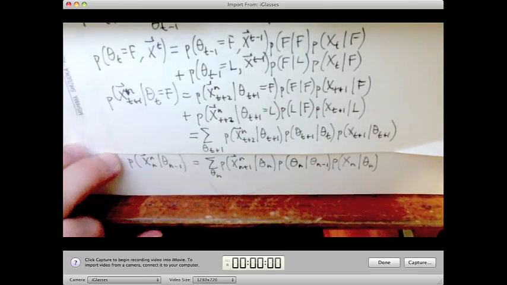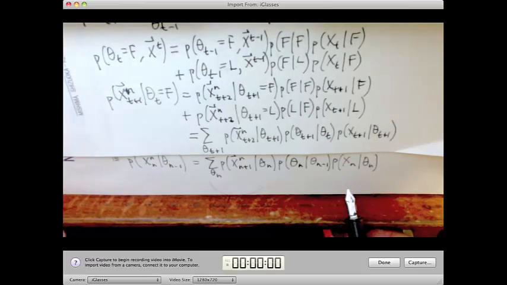What you can see here is that the emission of the last observation has already been taken into account in this emission factor right here. There's the transition going from theta n minus 1 to theta n.